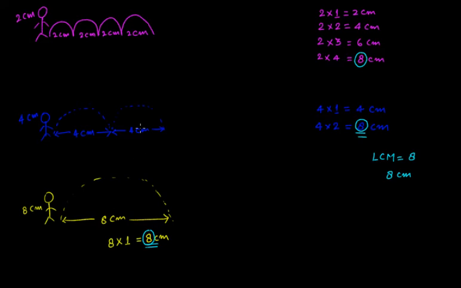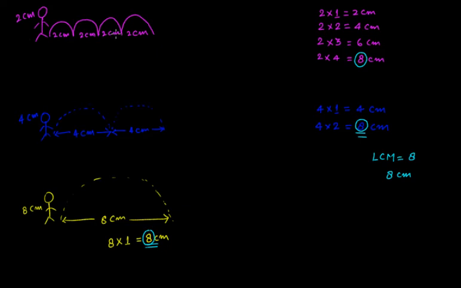That is common in taking full steps. None of them has taken any half step or incomplete step. This person took 4 steps, this person took 2 steps, this person took 1 step. That's a complete step. It's not like it took 1.5, 2.5 or 3.5 or something like that. They all took complete steps. And in taking the complete steps, they reached 8 centimeter.